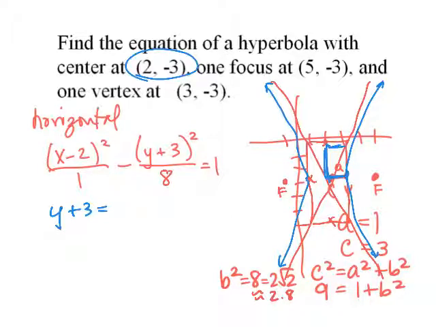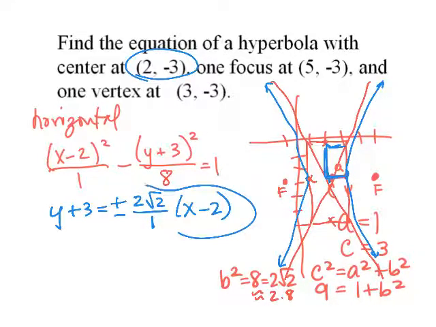My rise is my b in this case, so it's plus or minus, plus for the increasing asymptote and minus for the decreasing, 2√2. That's your b value, divided by 1, because that's your a value, so you didn't even need the over 1, and then x minus 2. And that is the equation of your asymptotes and your graph, and your equation of your hyperbola.